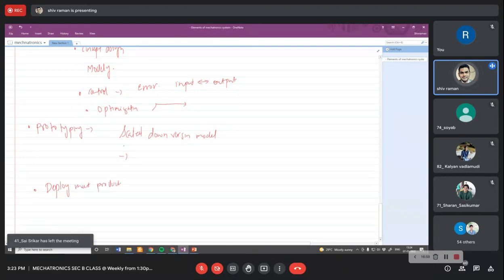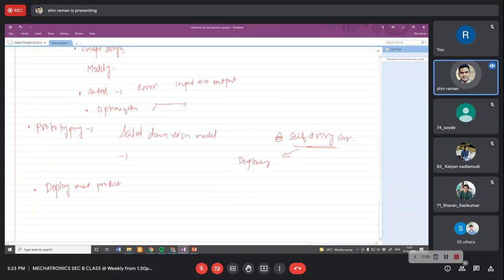A typical example of prototyping is a self-driving car. In order to develop this self-driving car, first prototyping is done in terms of deep learning based study, where you develop a model so that your car can distinguish between footpaths, traffic lights, humans.